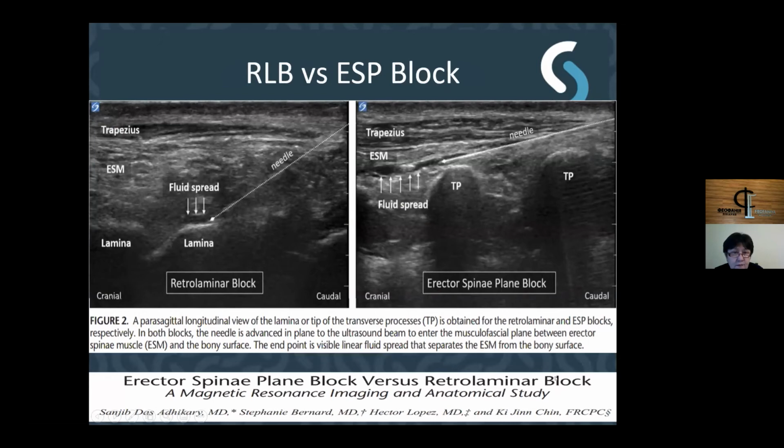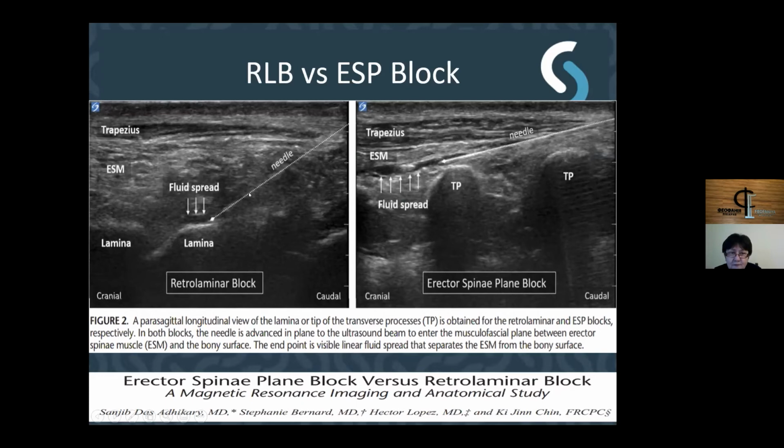Now, when you're looking at the study, compared to your erector spinae, the spread to superior and inferior nerve roots is less. It's at least 1 to 2 spaces less with a retrolaminar block than you would have with an erector spinae plane block. So this block works, but it doesn't work as well.